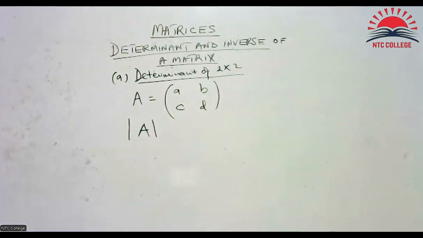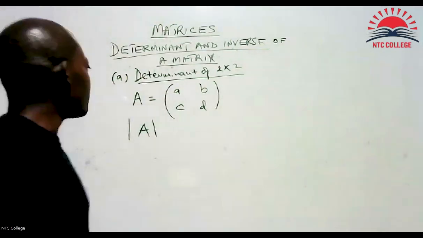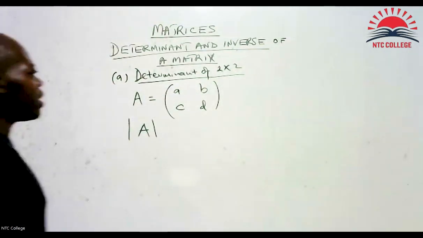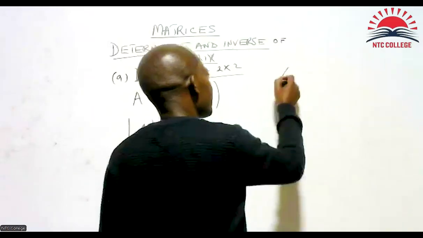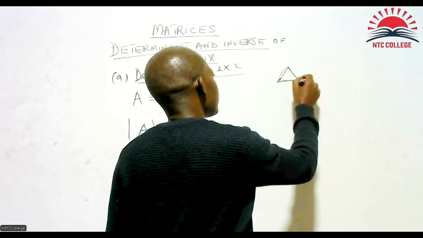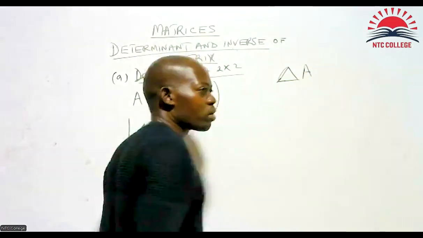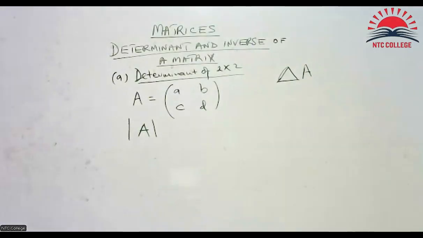So that's a symbol for determinant. And not only that, it is also allowed that we can say delta A can also be used to denote a determinant. So these are all acceptable. Delta A or an absolute value of A.